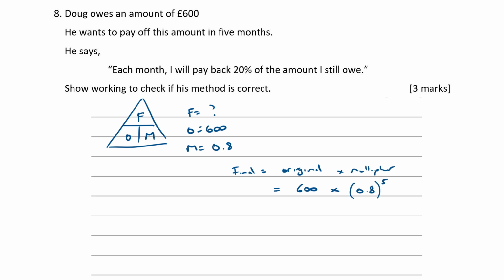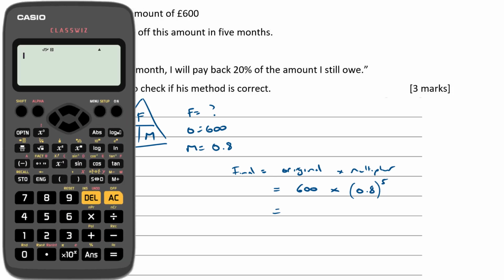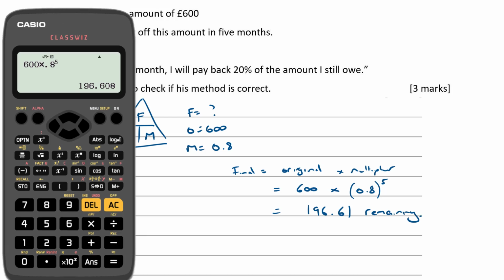So it's to the power of 5. So after 5 months, how much will be left? 600 times 0.8 to the power of 5. That gives me £196.61. That's remaining to be paid, isn't it?